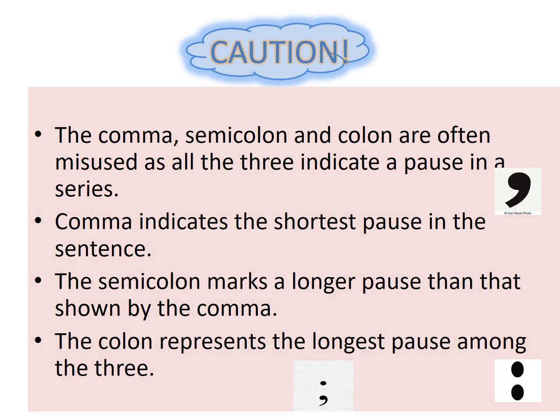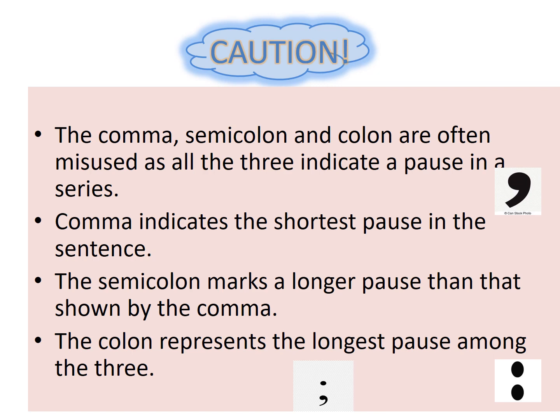The usage of punctuation marks are very simple and interesting. They are very easy to understand. But students, since comma, semicolon and colon, all the three indicate a pause in a series, we should be a little careful while using them.